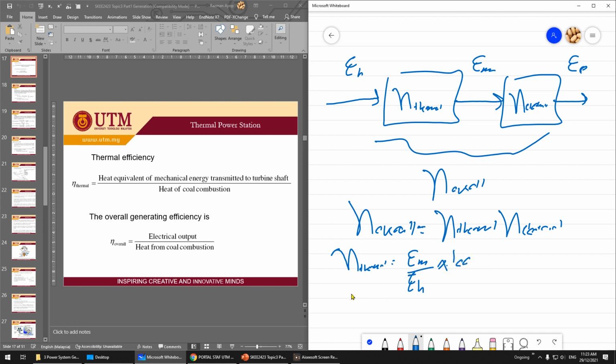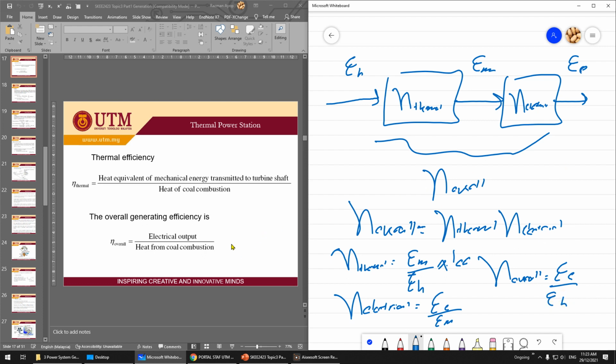Electrical equals energy electrical divided by energy mechanical, and of course for the overall you just multiply these, so you get overall equals E electrical divided by E heat.